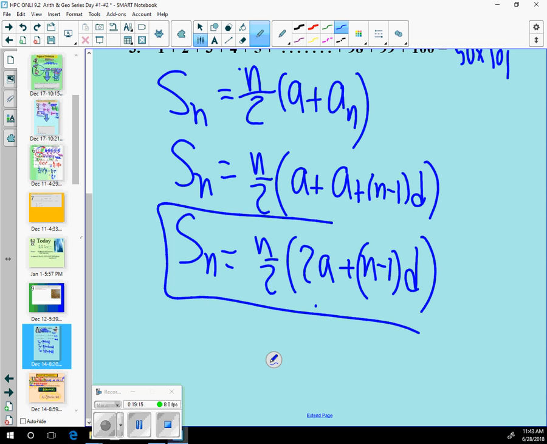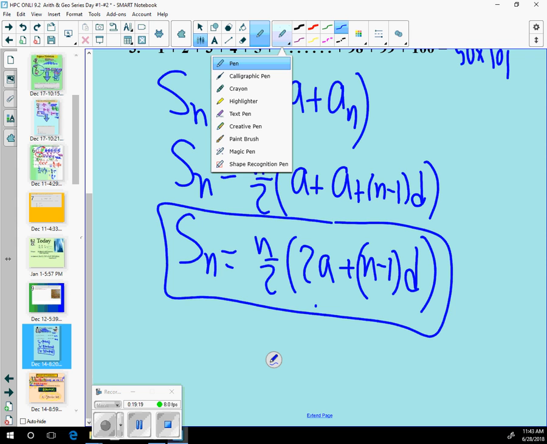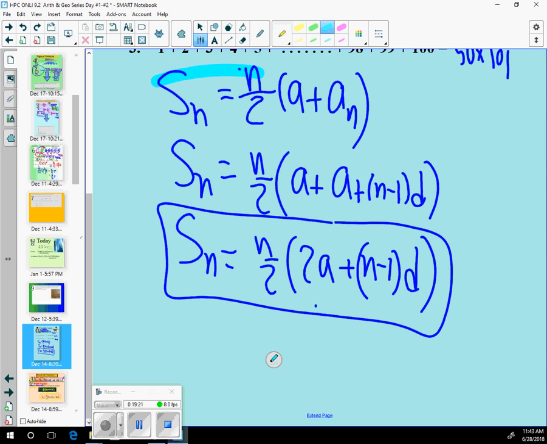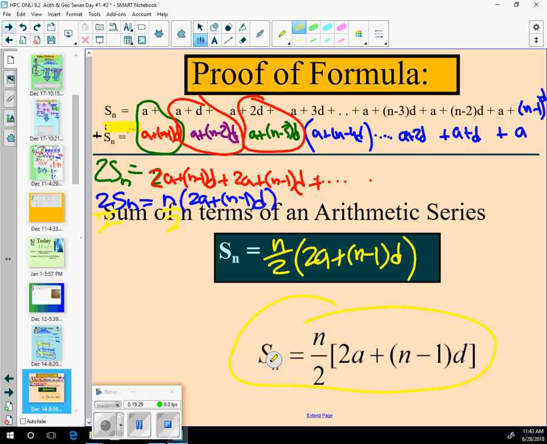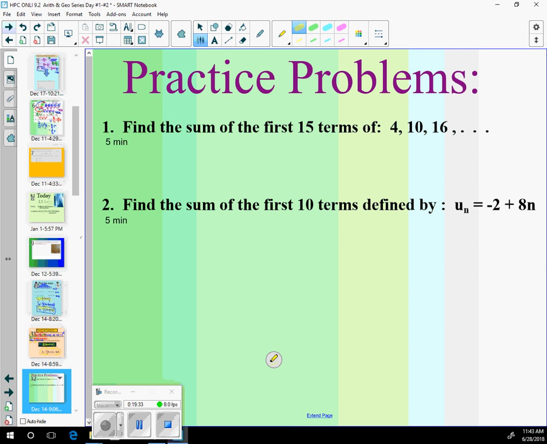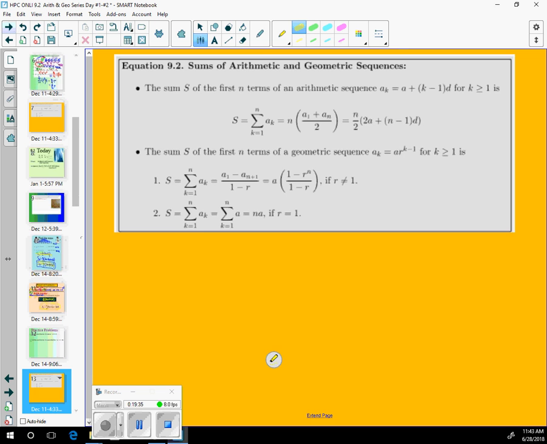And so we derived it a different way. I love this formula because sometimes in problems, this will be much more useful than the other one. But they're both good. This is for arithmetic, and so you can find the sum with that. And you can practice those, no problem.